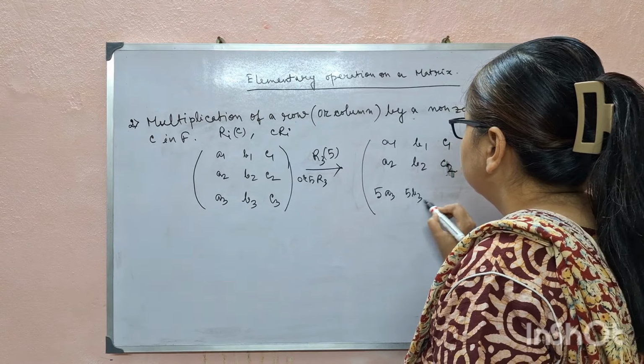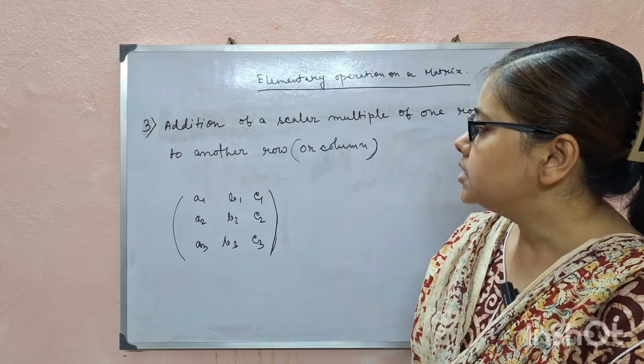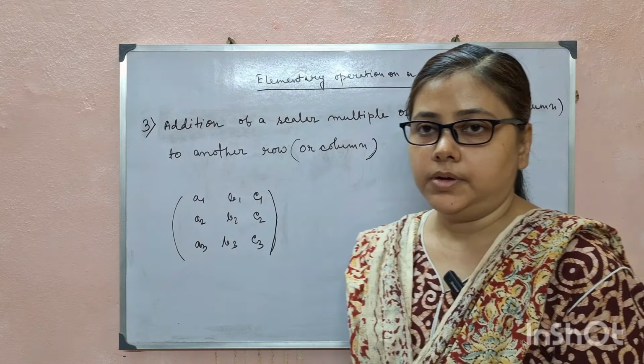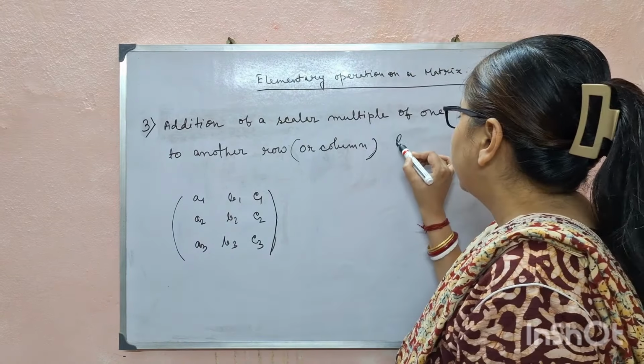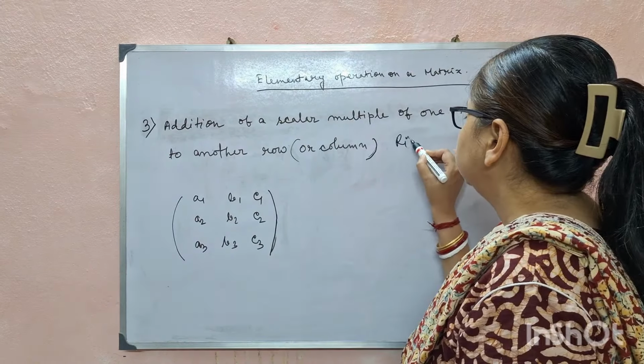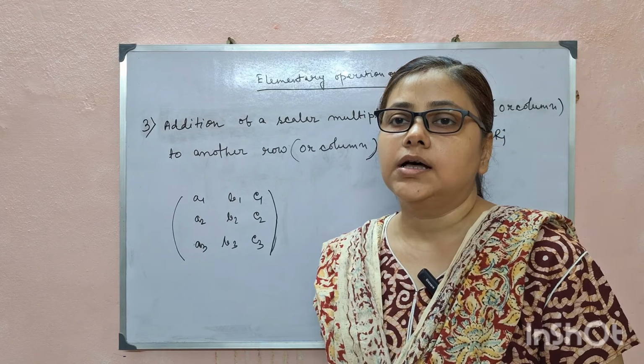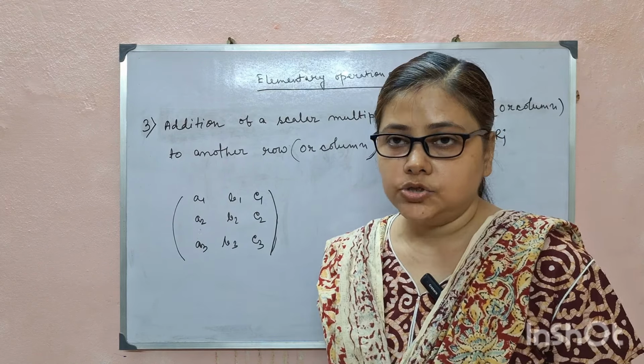Now I am coming to the third and final elementary operation on a matrix. The third operation is addition of a scalar multiple of one row or column to another row or column. That is denoted by R_ij(C) or R_i plus C R_j. That is, you are multiplying the jth row of the matrix by the non-zero scalar C, and then you are adding the elements of the jth row to the corresponding elements of the ith row.